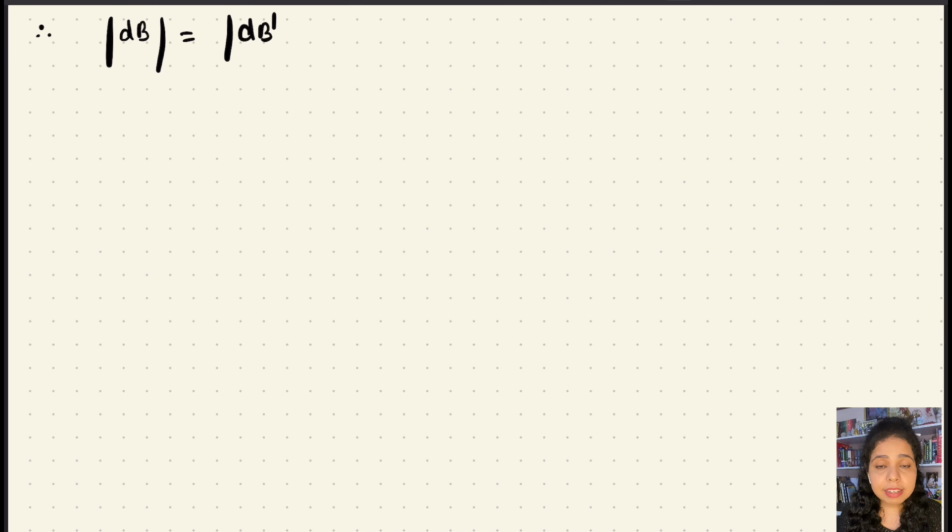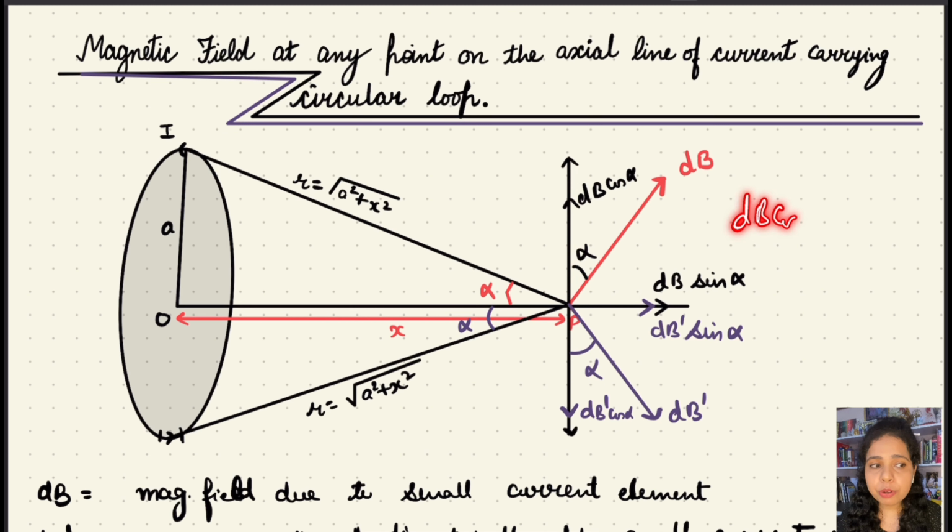Now what we have to consider from this diagram: the direction of dB cos alpha is opposite to dB dash cos alpha. If dB and dB dash are equal, then dB cos alpha is equal to dB dash cos alpha, but only in terms of magnitude.